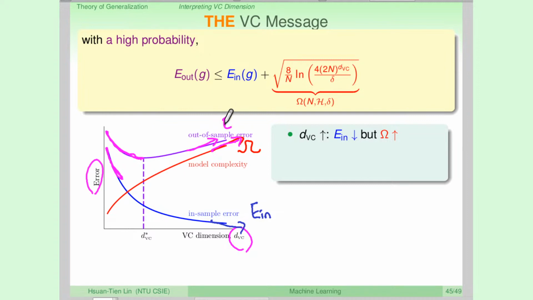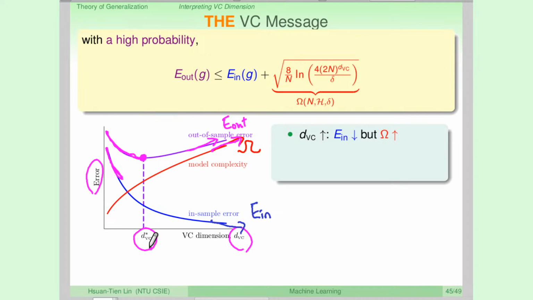So this is the E out that you actually care about. From this, you see that we actually have an optimal VC dimension somewhere in between. This is the sweet spot that we want to reach in learning generally.